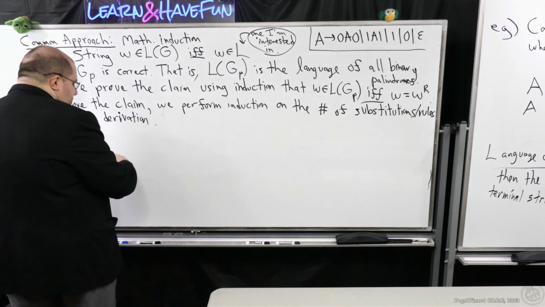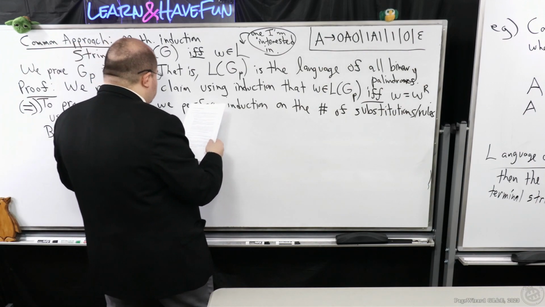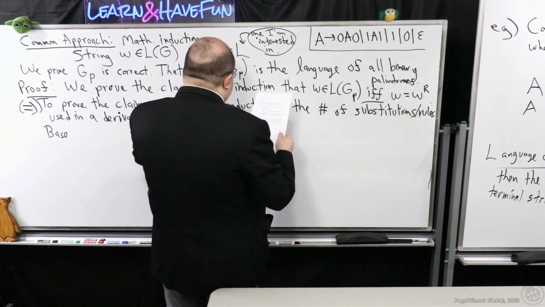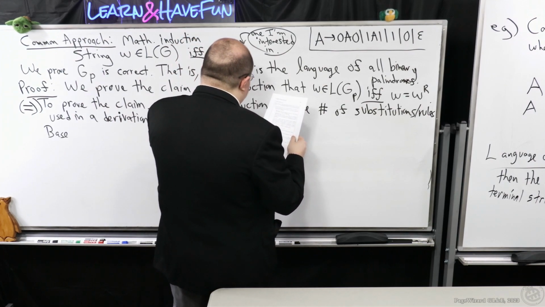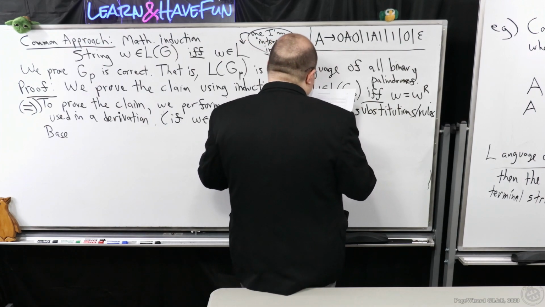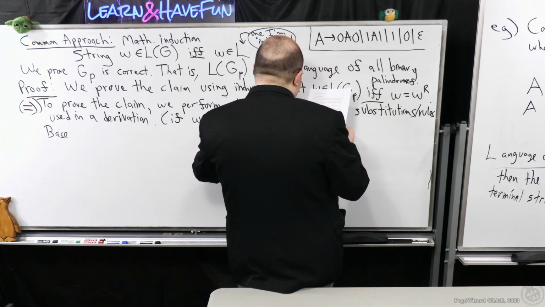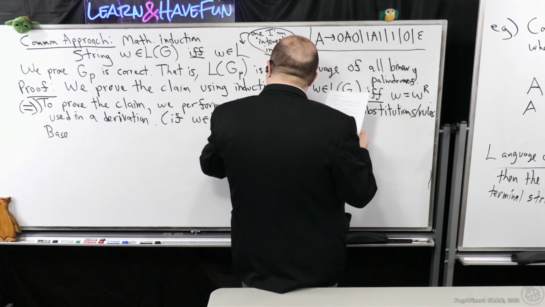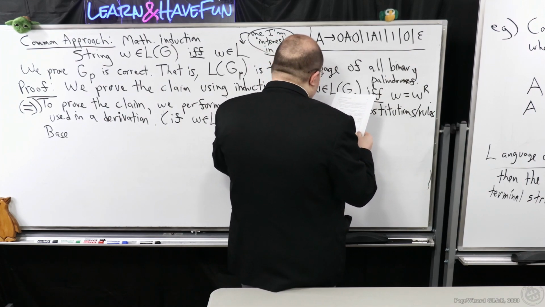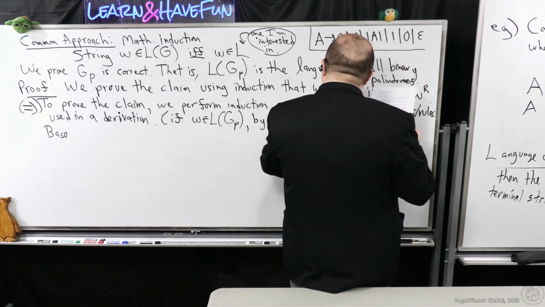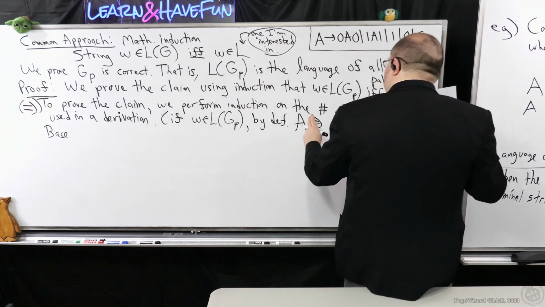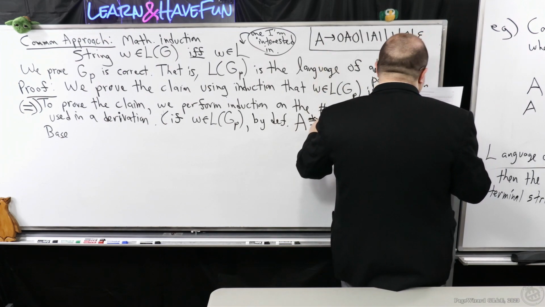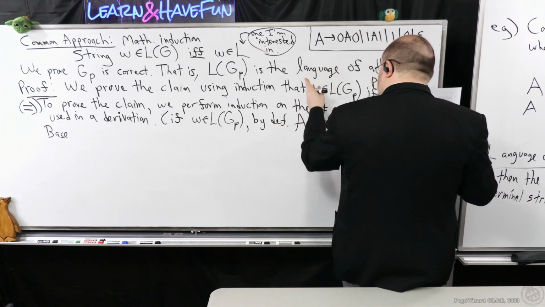Actually, one thing before I get into this, I just want to remind you that if W is in the language of GP, the goal here is that this means by definition that I start off with the start symbol, A here, and I eventually end up with W. So I know W is a part of this language.